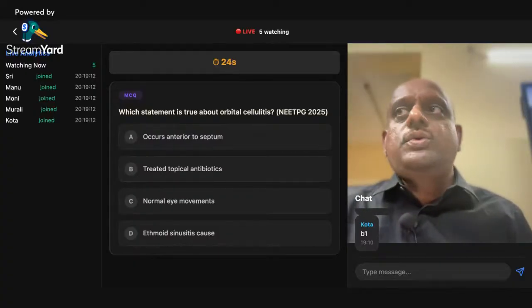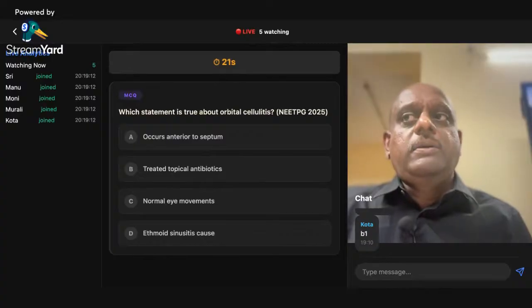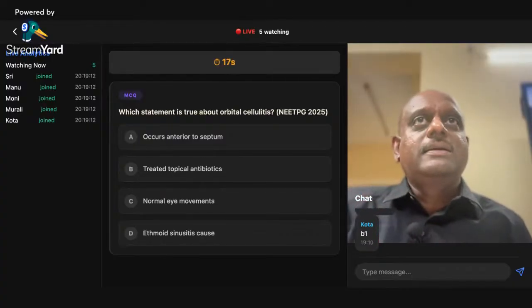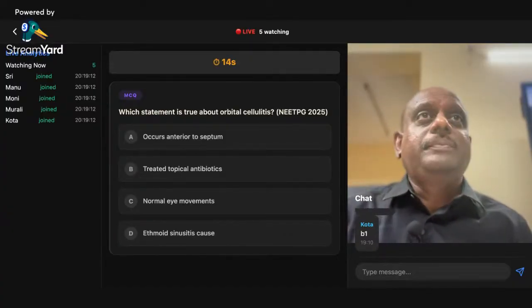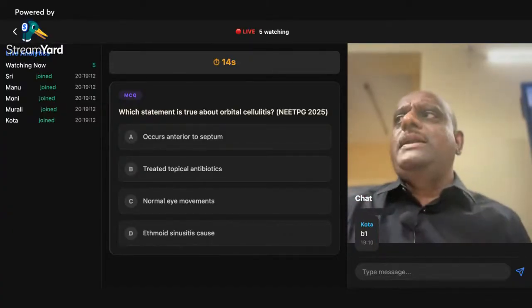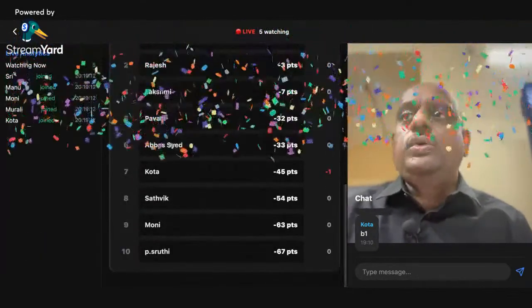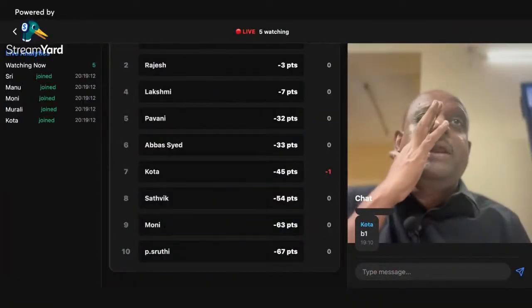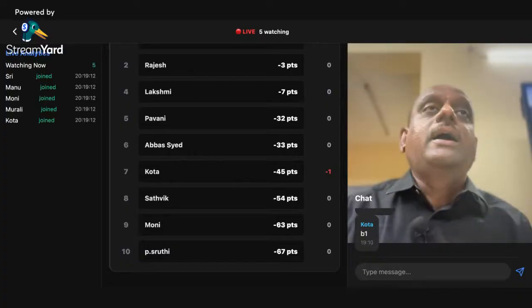Which statement is true about orbital cellulitis? In orbital cellulitis, do you get abnormal eye movement or normal eye movement? So what is the true statement? Orbital cellulitis is a very common clinical condition day in and day out. So it is ethmoidal sinusitis, because the orbital plate is very close to your ethmoidal sinus.